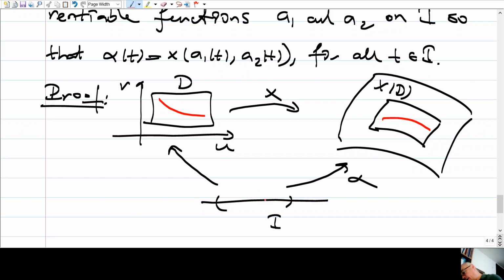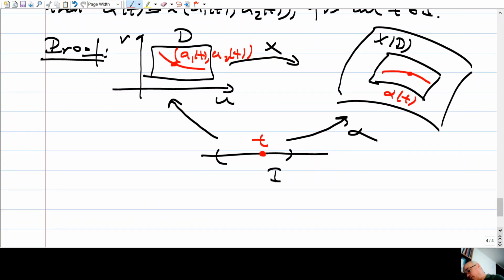Okay, and let's say this point is T, and then here I have alpha T, and here I have A1T, A2T, the U and V coordinates. How can we see this? Why this is the case?